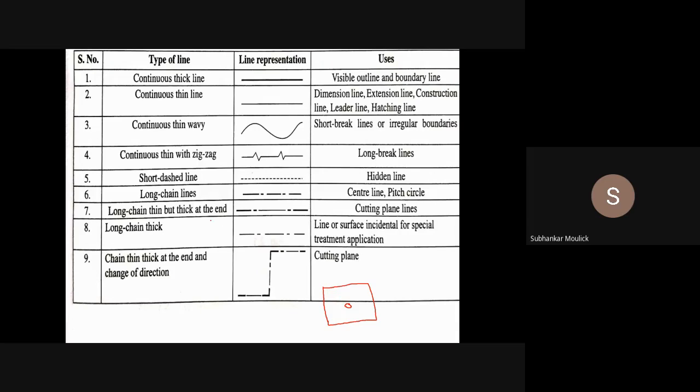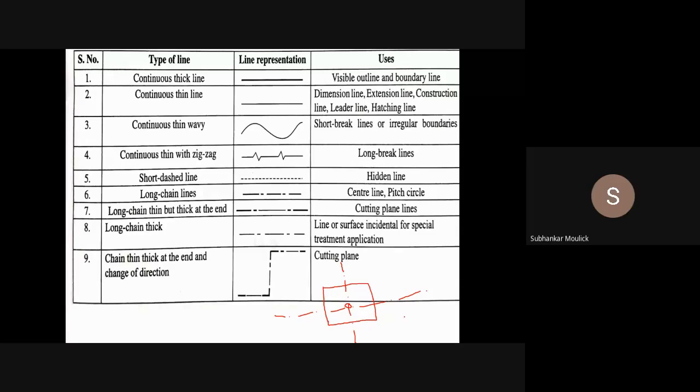That central line will be represented by a dash dot dash dot dash line, from the vertical axis and from the horizontal axis. Is it clear?